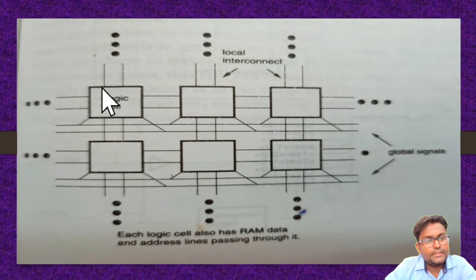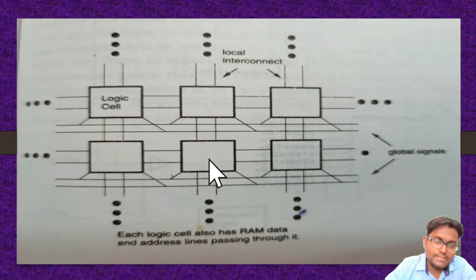You can see each logic cell has interconnections with its neighbor logic cells. Here you can see these are the logic cells, and they are connected with their neighbor logic cells. Accordingly, it forms east input, west input, north input, south inputs. One is input, one is output.